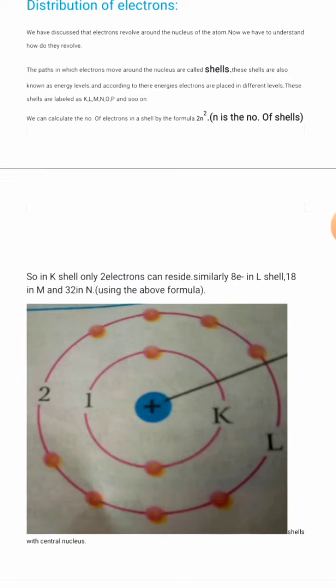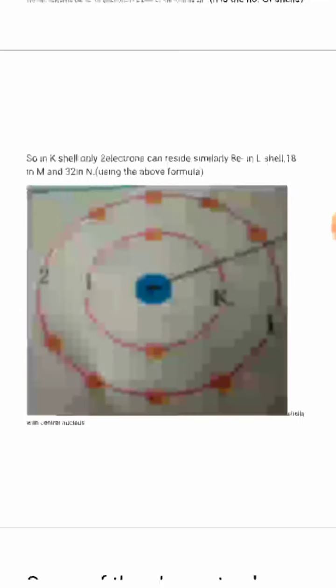According to this formula, the K shell holds only 2 electrons. In the L shell, 8 electrons reside, 18 in M, and similarly 32 in the N shell. You can see the shells around the central positive nucleus, K as the first and L as the second shell. Hope you all are clear.